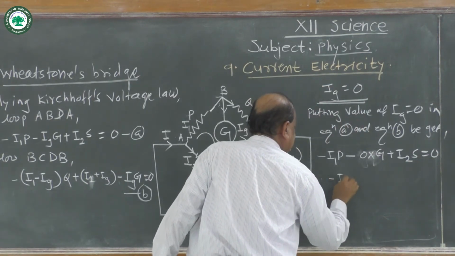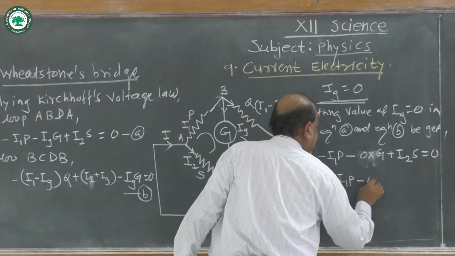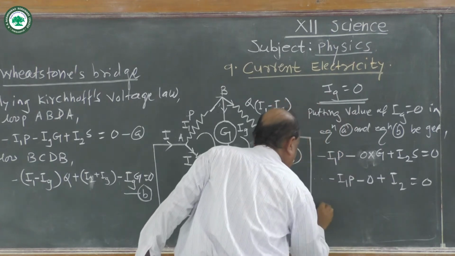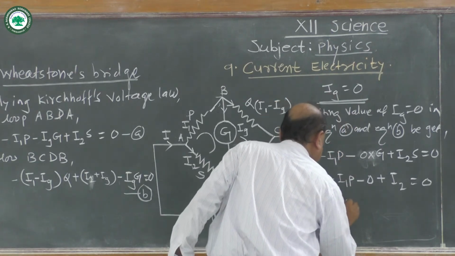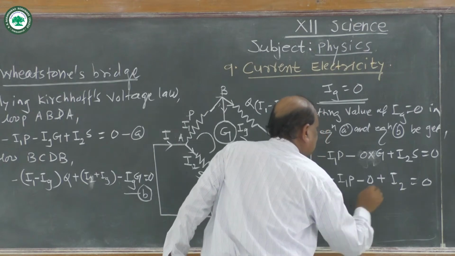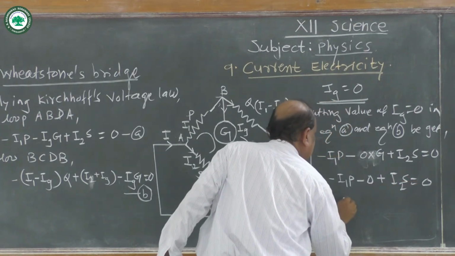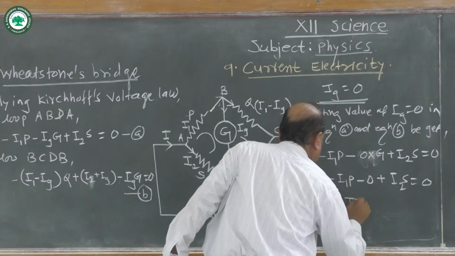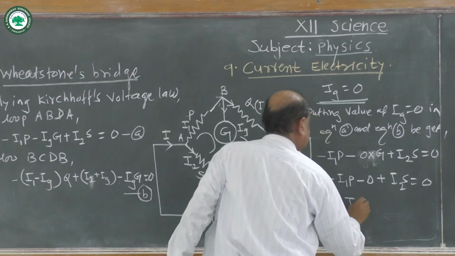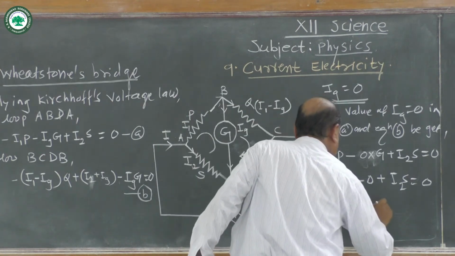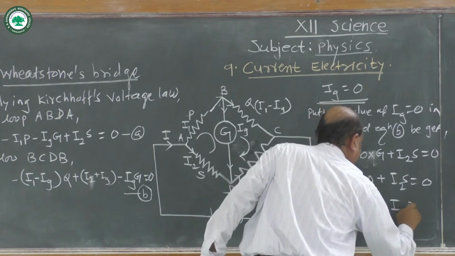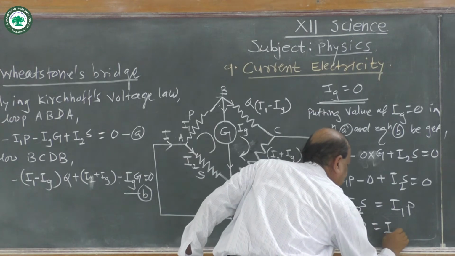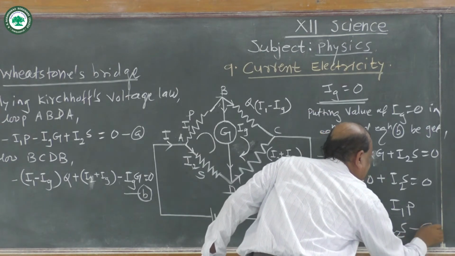Ig is 0 here, so minus I1P minus 0 plus I2S is equal to 0. Therefore I2S is equal to I1P, or I1P is equal to I2S. This is equation 1.